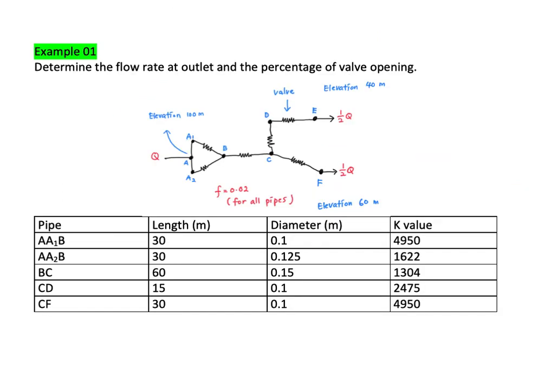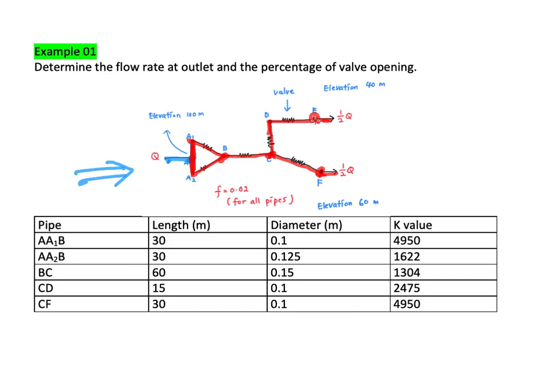Okay, for example, we have example 1 here. Determine the flow rate at outlet and the percentage of valve opening. In this problem, we have this arrangement of pipes. There is one main pipe here, and from here it splits into two pipes, and then it merges again at this point, and then it flows a certain distance, and from here it splits into two, and each pipe ends at F and E here.